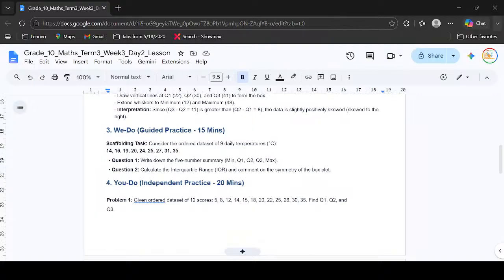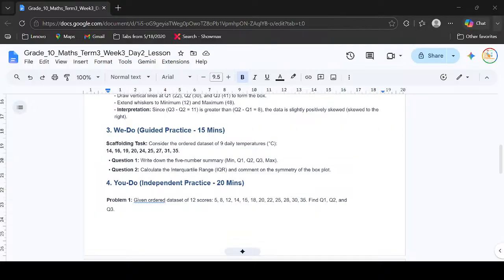Step 3. Box and whisker plot construction. Diagram: box and whisker plot aligned above the number line with annotations whisker min equals 12, max equals 48, and Q1 equals 22, Q2 equals 30, Q3 equals 41. Correct. A, 3 marks total. 1 mark, A.